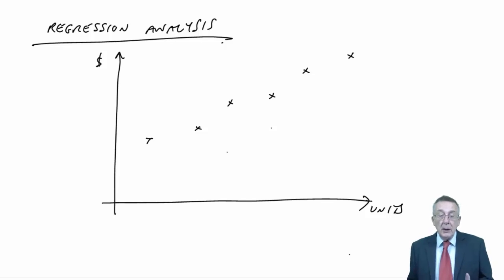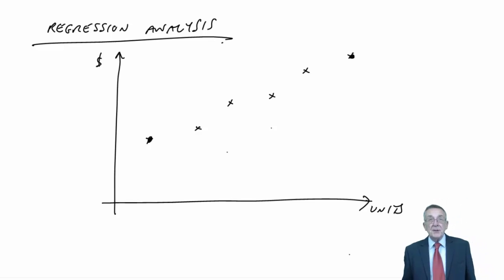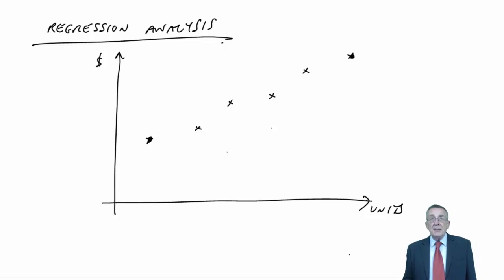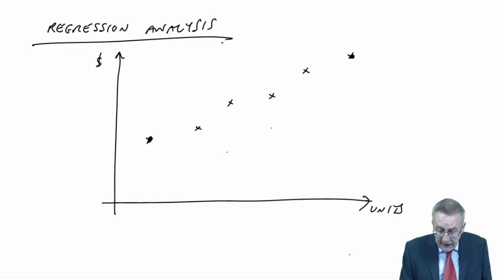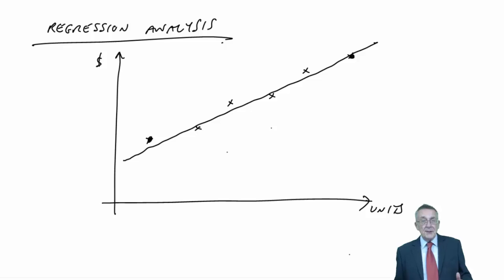Now, the problem with high-low, if you remember, is it only looked at the two extremes and ignored what happened in between. What regression analysis does is it effectively tries to find the line that most nearly goes through all the points.